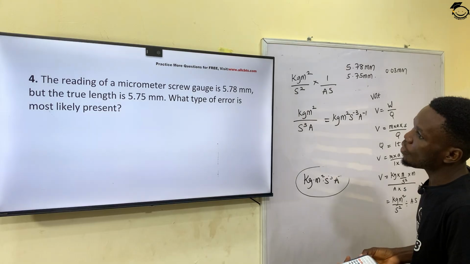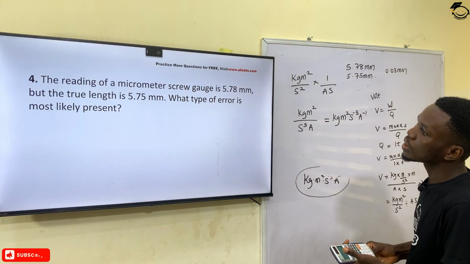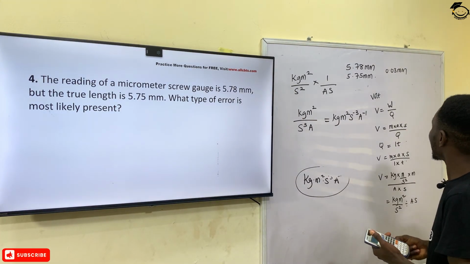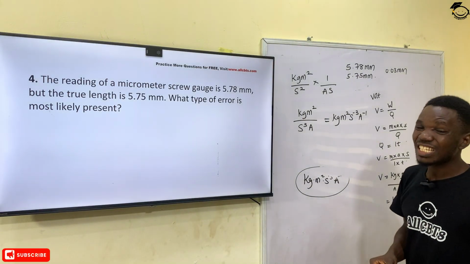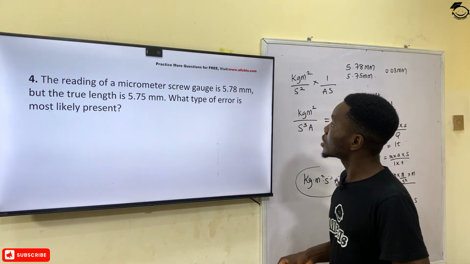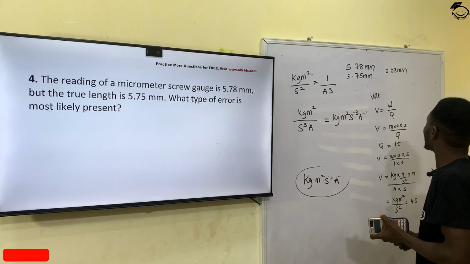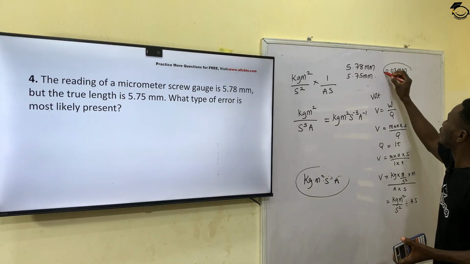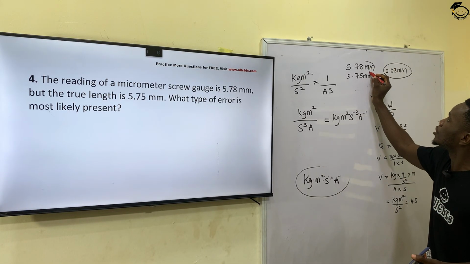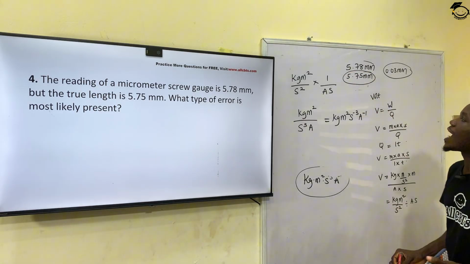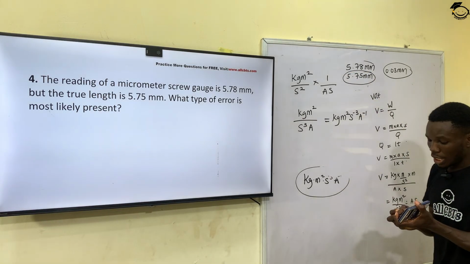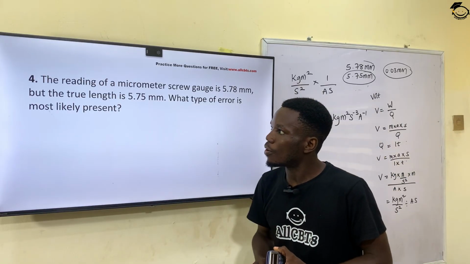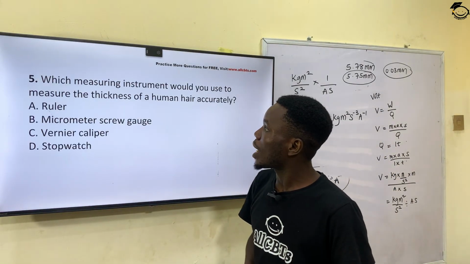Then it says, what type of error is most likely present? Now, this kind of error is what we call a systematic error, because the error is slightly different from the original or actual length. So this is a systematic error. Moving on to question number 5.